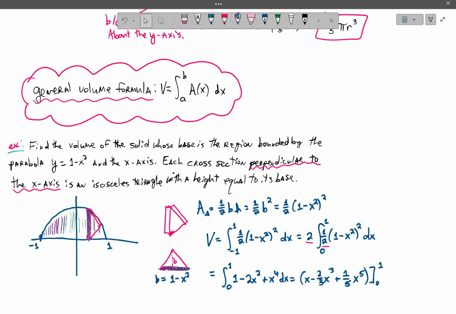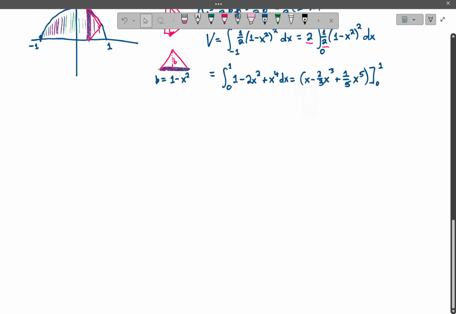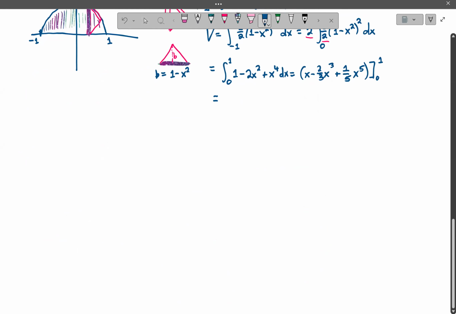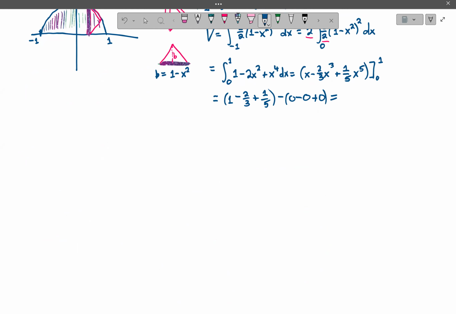And this gives me 1 minus 2/3 plus 1/5 minus 0 minus 0 plus 0. And we get that that is 15 minus 10 plus 3 over 15, which is 8 over 15. And because it's volume, we will say units cubed.